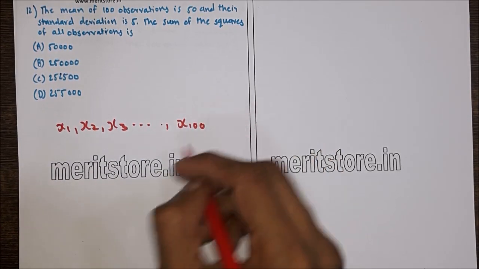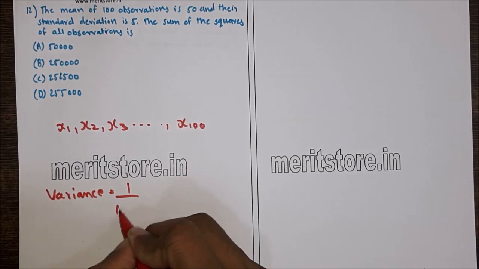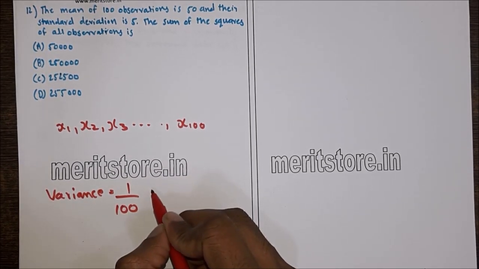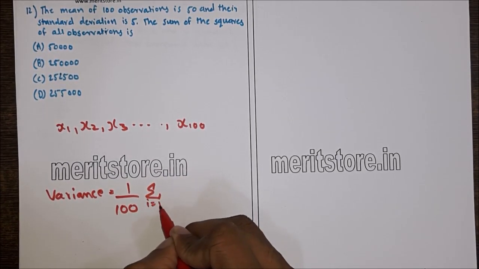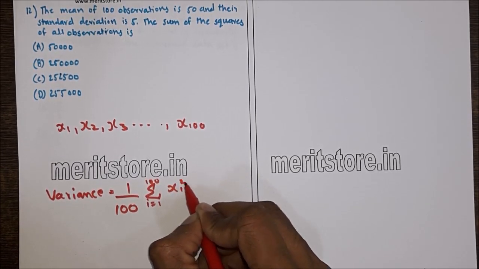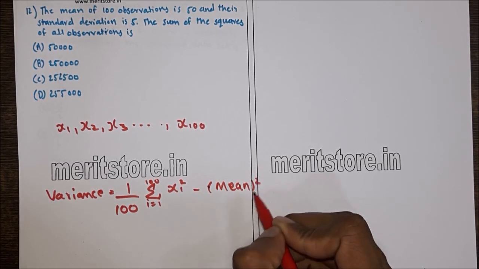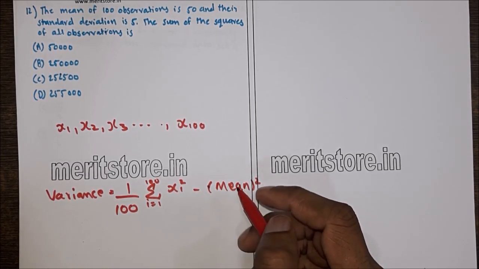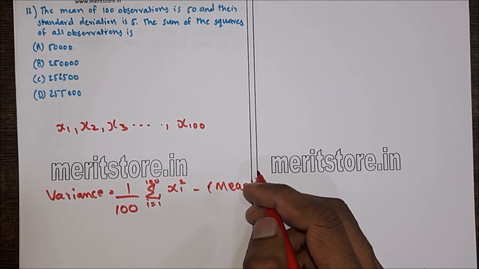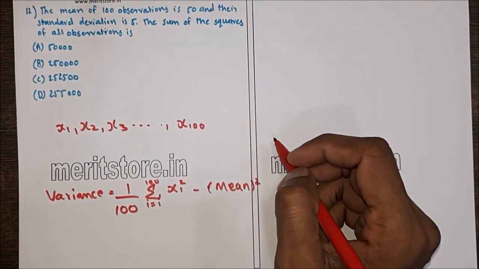So the variance is given as 1 by 100 summation of i equal to 1 to 100 xi square minus mean square.